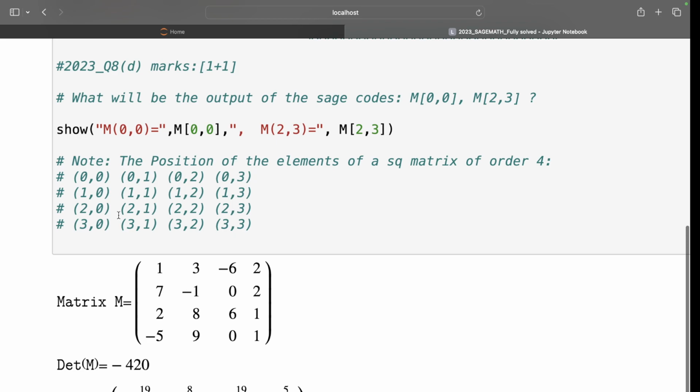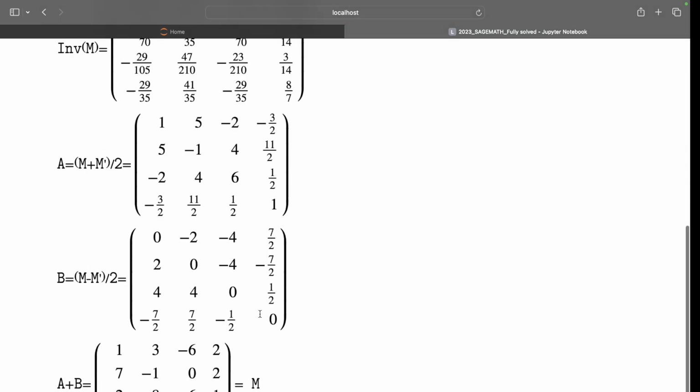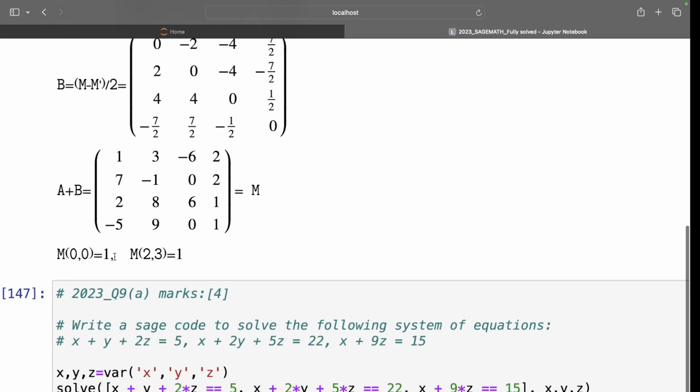In the second row the position is 1,0, since the rows are 0th row, first row, second row, third row. So M[0,0] is 1, and 2,3 is the position of this, which is also 1. So M[0,0] is 1 and M[2,3] is 1.